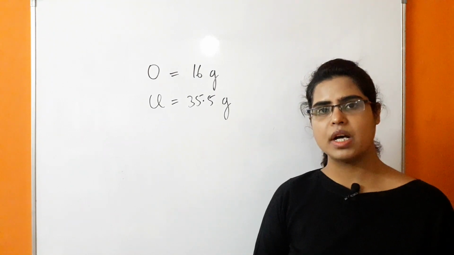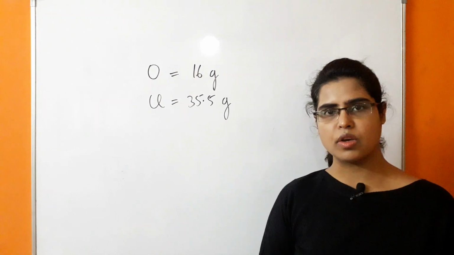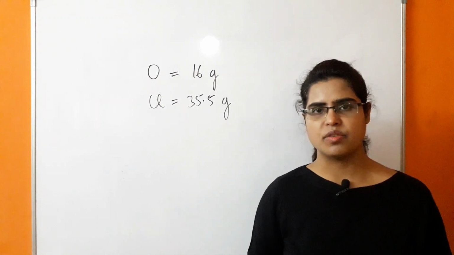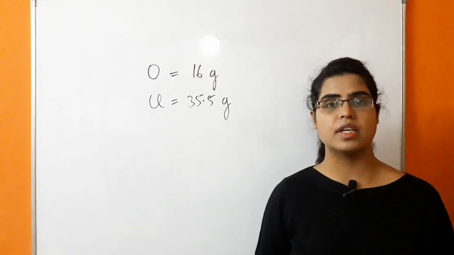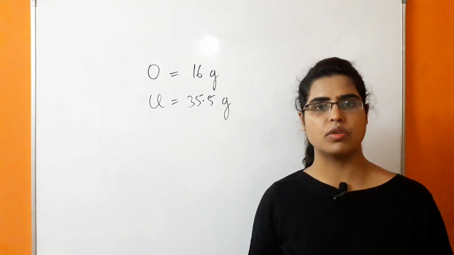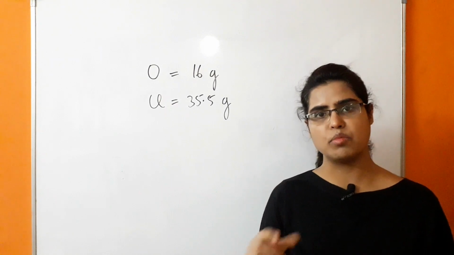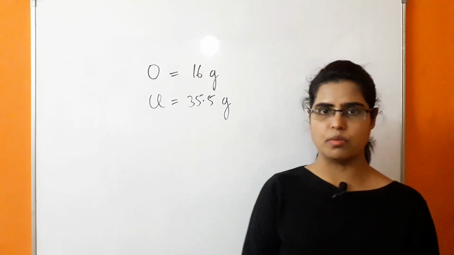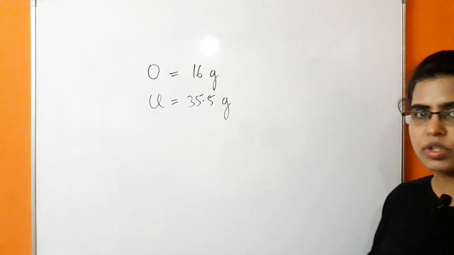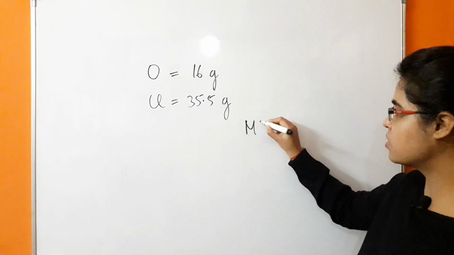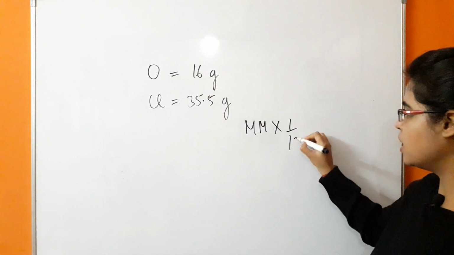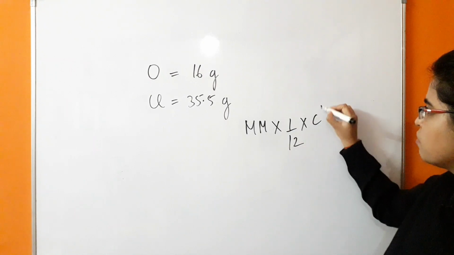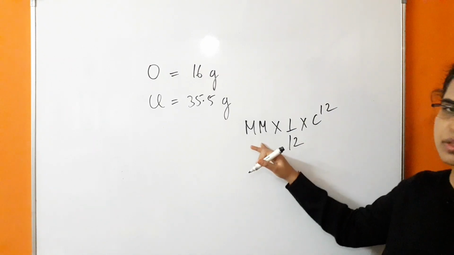Next is molecular mass. What is the definition of molecular mass? Molecular mass is defined as the number of times a particular substance is heavier than 1/12 of the mass of a single atom of the carbon-12 isotope.